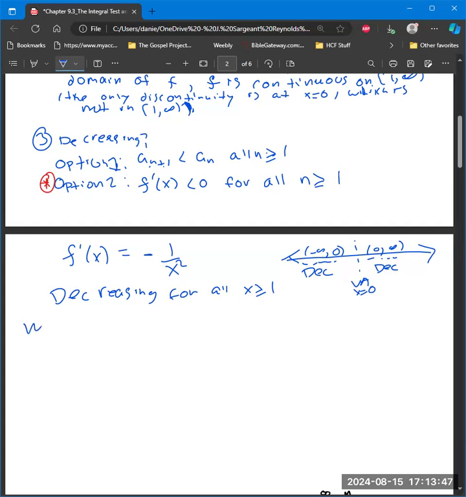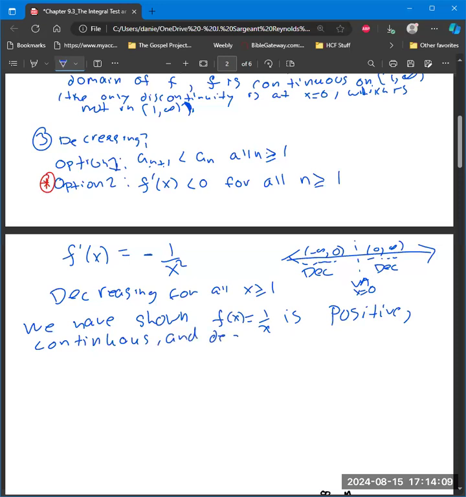So we have shown f of x equals 1 over x is positive, continuous, and decreasing for x greater than or equal to 1.